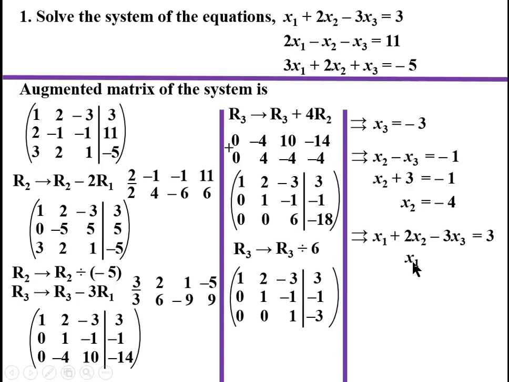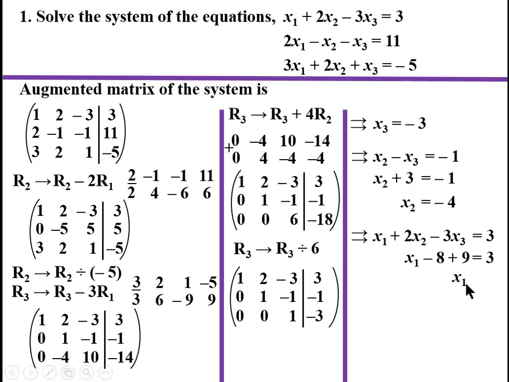And lastly, the first row implies x1 plus 2x2 minus 3x3 is equal to 3. So we need x1, and since x2 is negative 4, 2 times x2 gives negative 8, and negative 3 times negative 3 gives positive 9 is equal to 3.